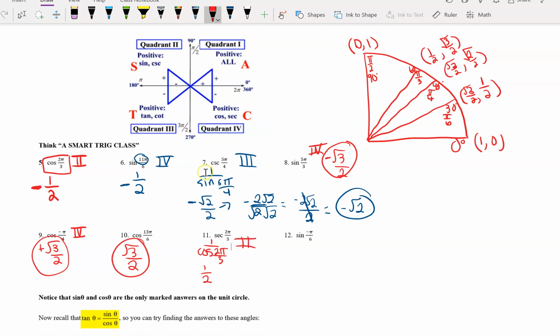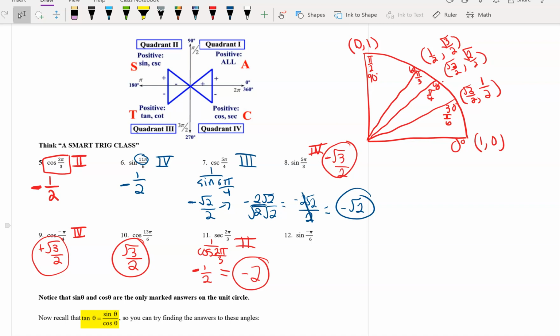In a smart trig class, cosine is going to be negative in that quadrant. So it's negative 1/2. But since we're doing secant, not cosine, we need to do the reciprocal of that. So the reciprocal of 1/2 is just going to be 2. So my answer should be negative 2.